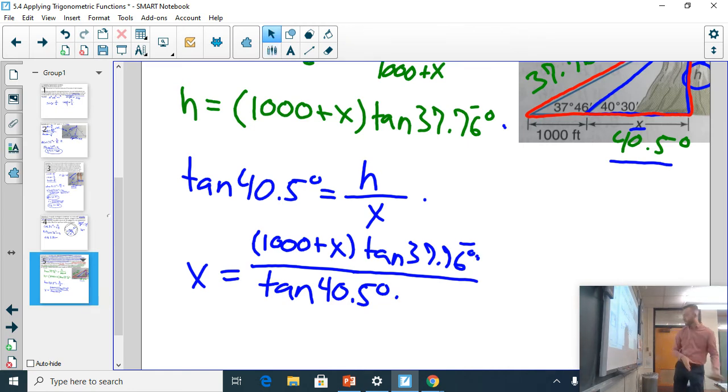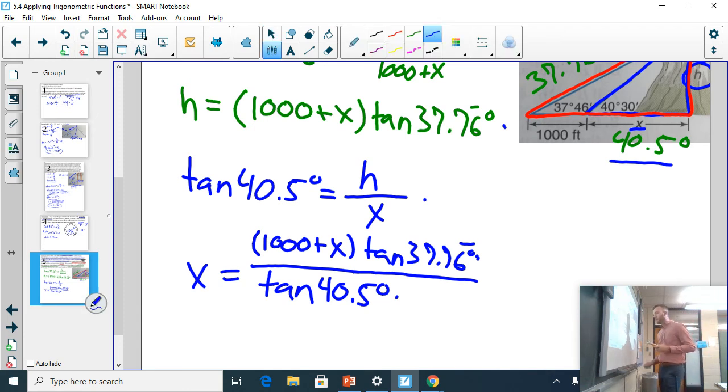I'm going to take the tangent of 37.76666, and I'm going to divide it by the tangent of 40.5.